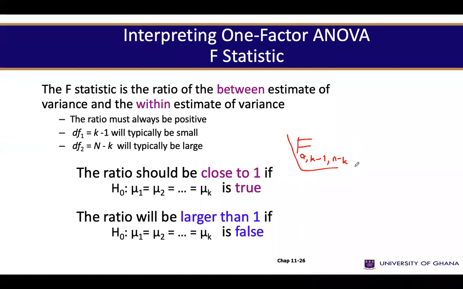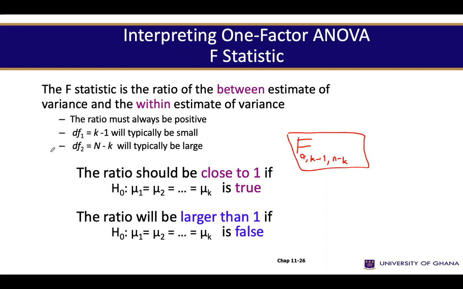So F alpha, k minus 1, N minus k. This is what we are going to use as our critical value. So you compare: if the test statistic is greater than the critical value, then we reject the null hypothesis. If it is not, then we retain the null hypothesis.